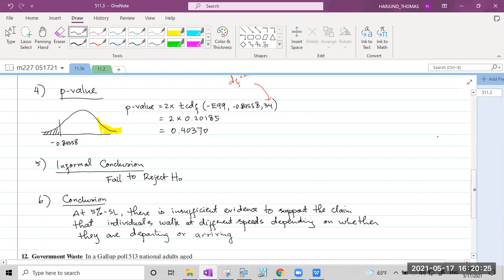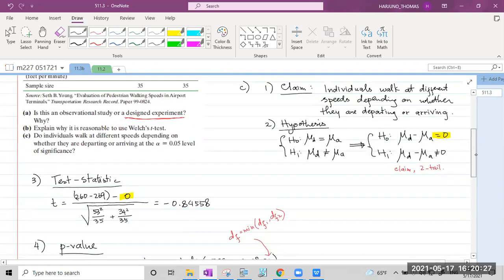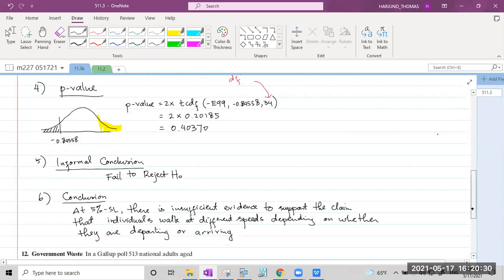Let me check if my wording is correct. Yeah, that's the conclusion we get.